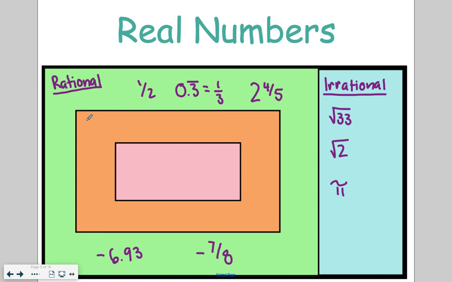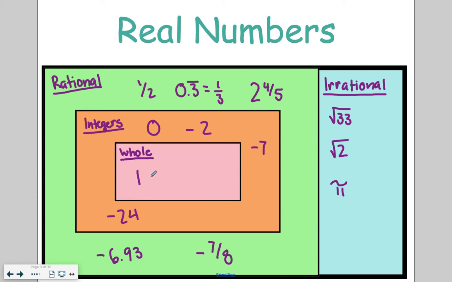A subcategory of the rational numbers are the integers. We talked about these in chapter 2. These are the positive and negative numbers that also includes 0. So 0, -2, -7, -24. Those all live out in the integer numbers. And in this very interior box, the most specific subgroup is the whole numbers.